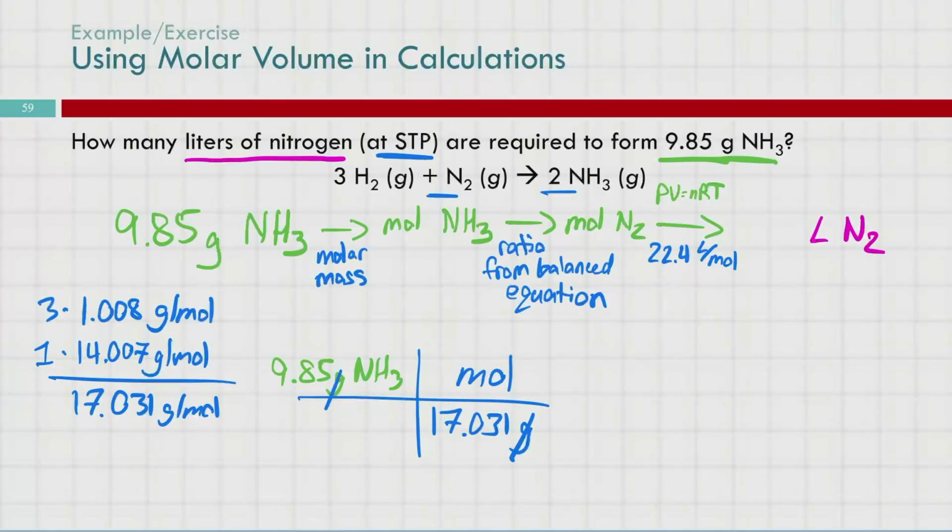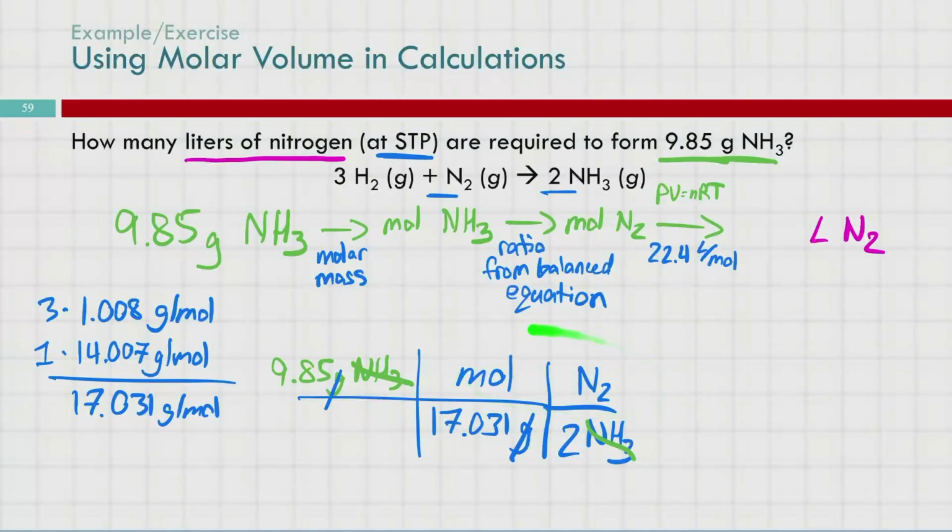Our units are now moles of ammonia, where we want to be, and we can convert to moles of N2 using our ratio of 2 to 1. The 2 goes on the bottom with the NH3 so that our NH3, our ammonia, cancels, and N2 goes on the top. So NH3 cancels.